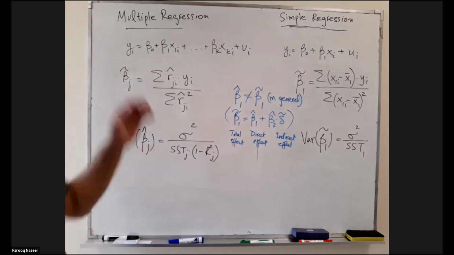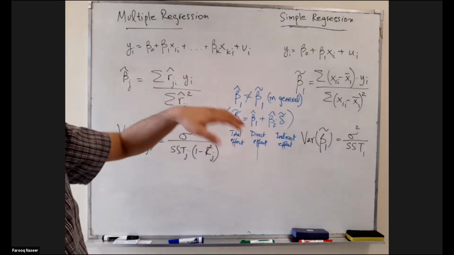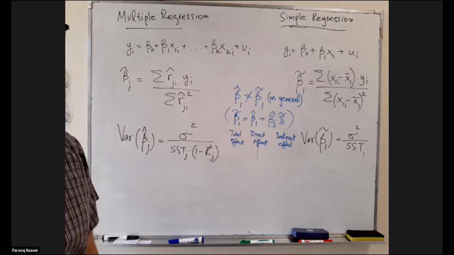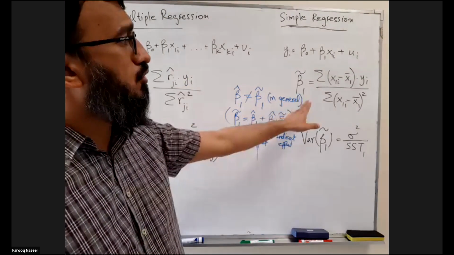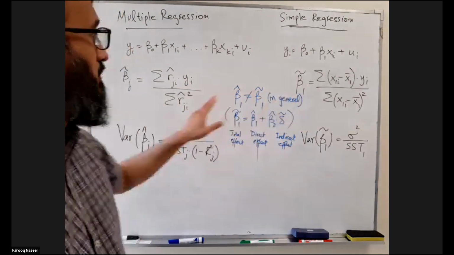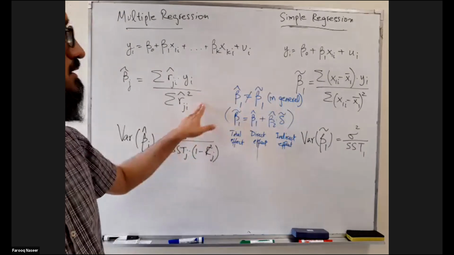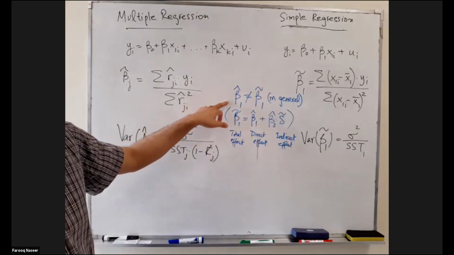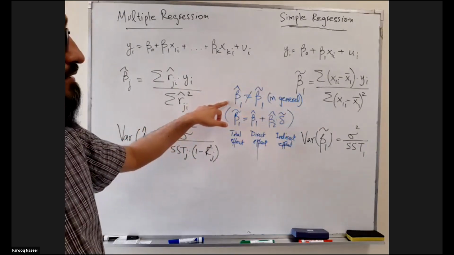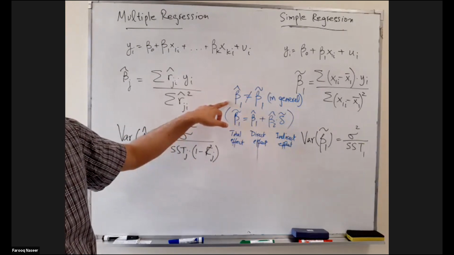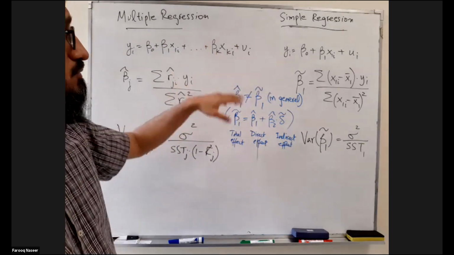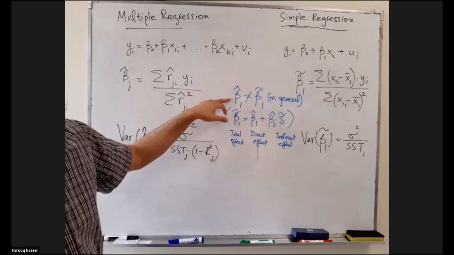So we have talked about the simple and the multiple regression and the OLS slope estimator formula in each of the two models. And we've also talked about that the estimate you will get of the same slope, beta 1, the slope with respect to the x1 variable in each model, will generally not be equal.